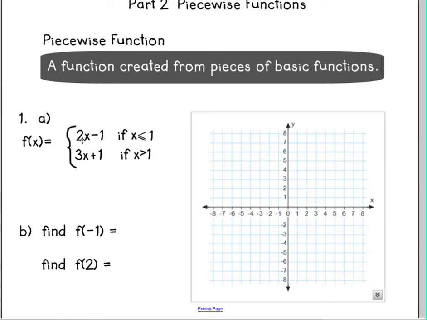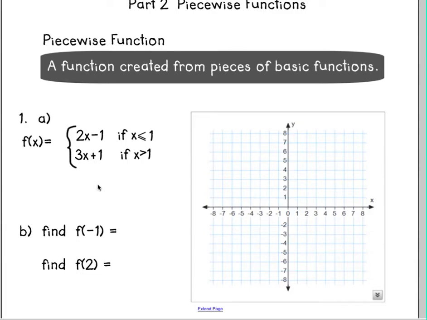You've got f of x equals 2x minus 1, f of x equals 3x plus 1. Now we're going to use this function 2x minus 1 when x is less than or equal to 1, and when x is greater than 1, we are going to use this 3x plus 1.